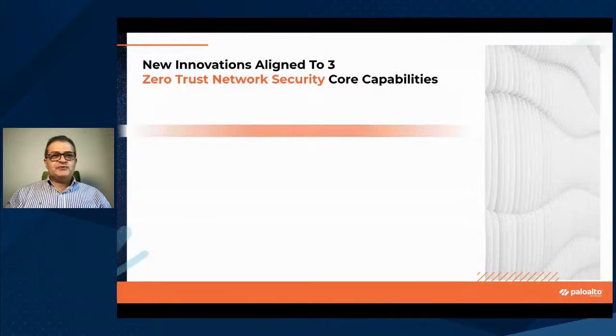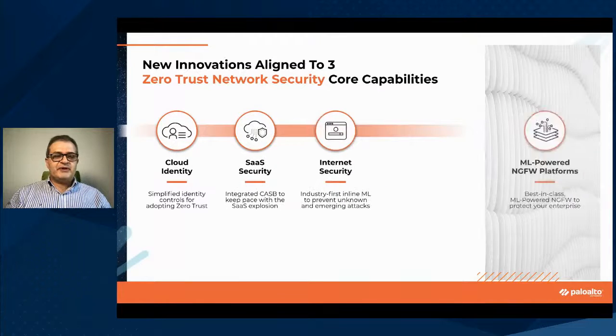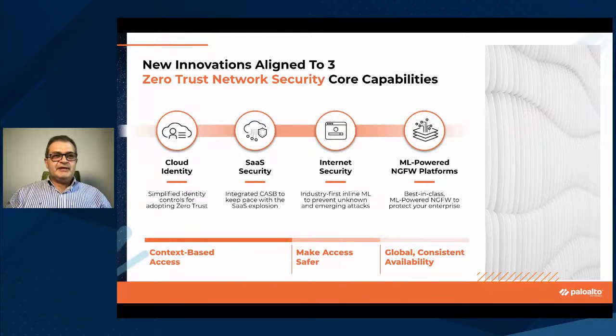For those of you who joined me last time for the last Imagine event, we talked about the new innovations that Palo Alto Networks introduced as part of PANOS 10.1 that feed into Zero Trust Network security. These were cloud identity, SaaS security, internet security, and we also talked about the new PA-400 series that was introduced by Palo Alto Networks.